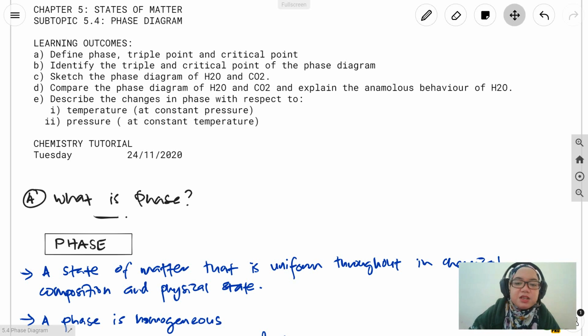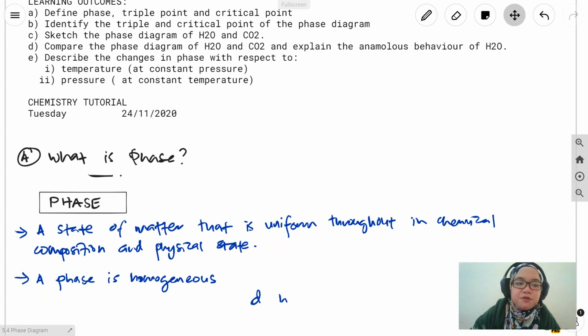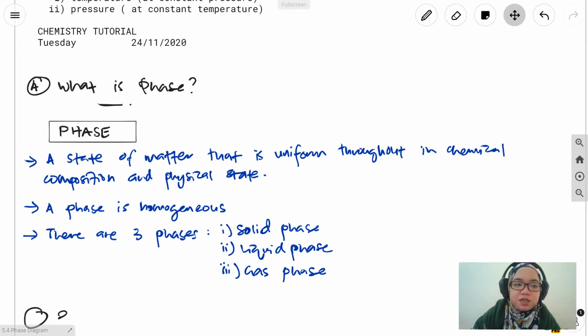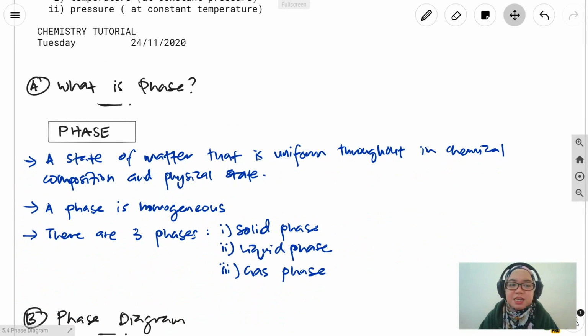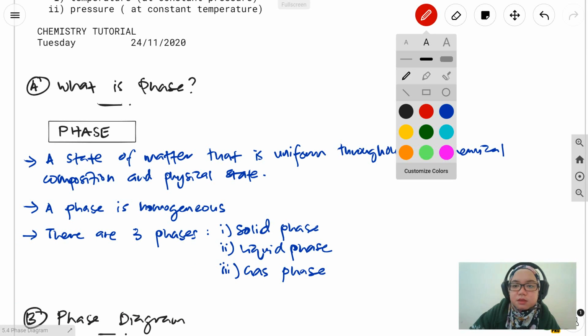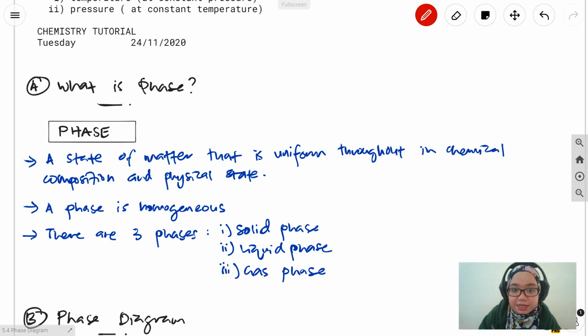Okay, so now let's look at the first part of this video, which is what is phase. Phase is a state of matter that is uniform throughout in the chemical composition and physical state. So a phase is actually homogeneous.